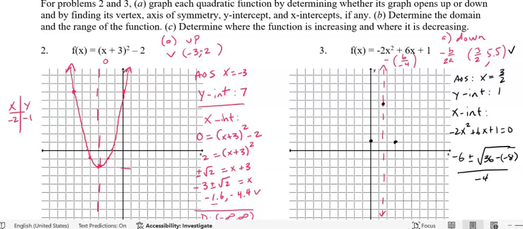So I'm just going to go ahead and come up with those decimals in my calculator. So -6 plus the square root of 44. And then divide that by -4. I should have an x-intercept at about -0.16.